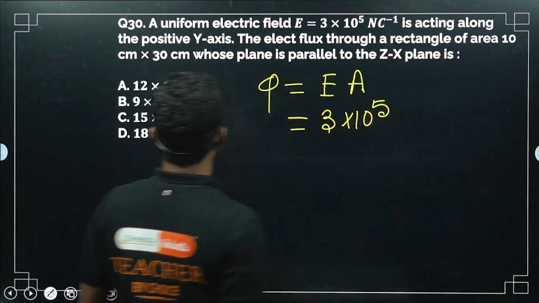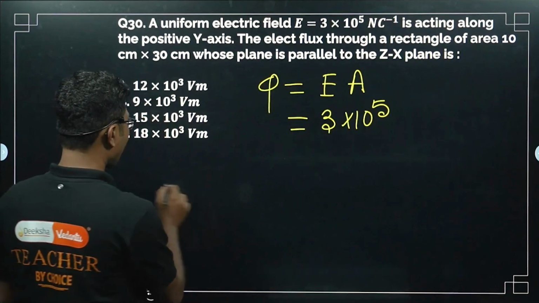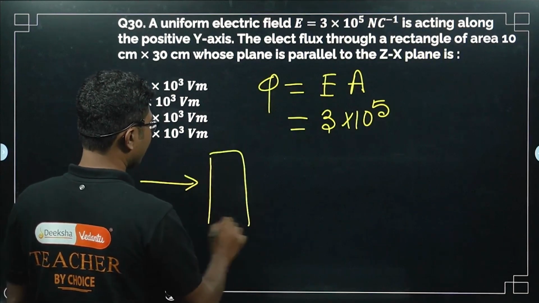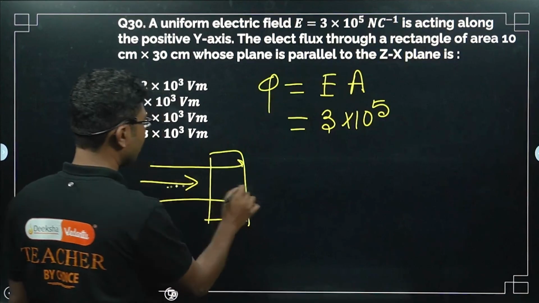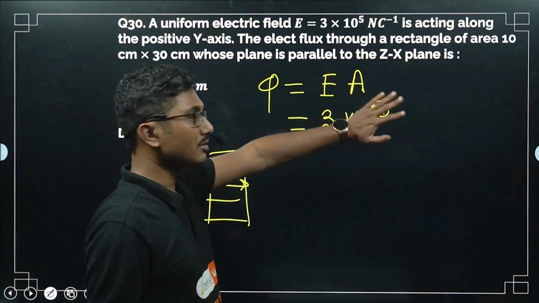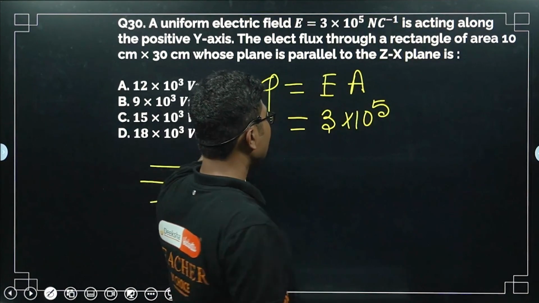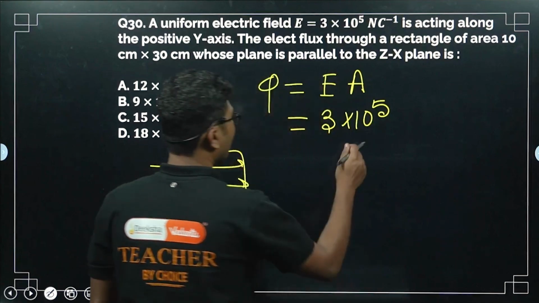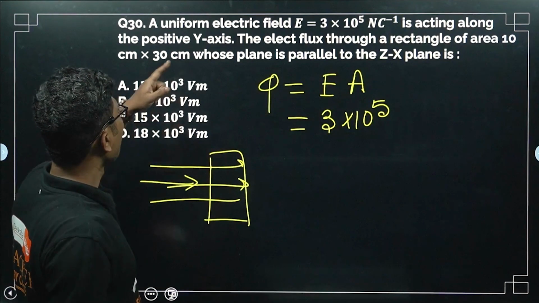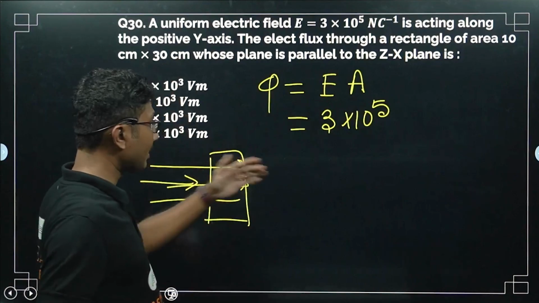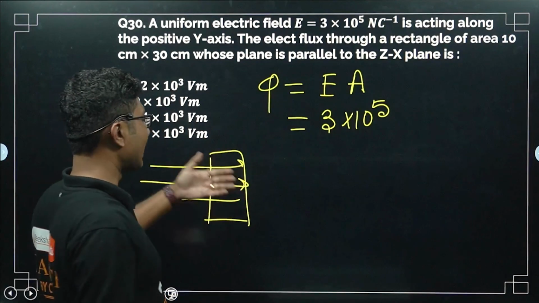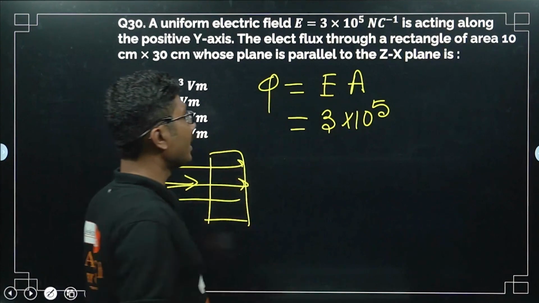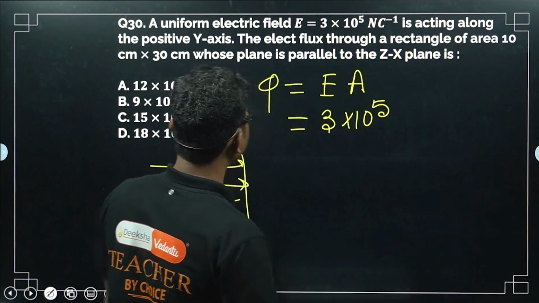Okay, it is along the y-axis and the plane is perpendicular to it. So all the electric field lines are passing through it. So E A cos theta is not required because the normal vector and the field are parallel, right? That's why they don't have any cos theta component here.